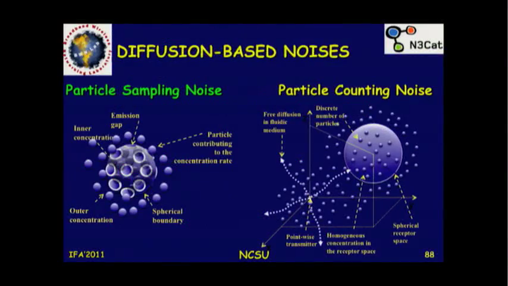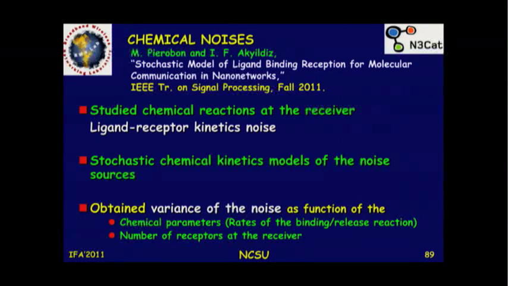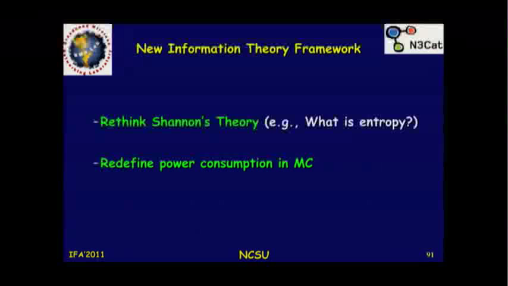And then for the diffusion-based noises, and then for the receiver side, we have also another work that is a lot of mathematics. I skipped those, and it will also appear in Transactions on Signal Processing in fall 2011. Okay, and so again, we don't have the time.